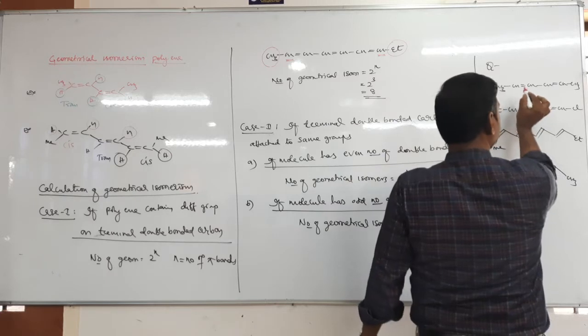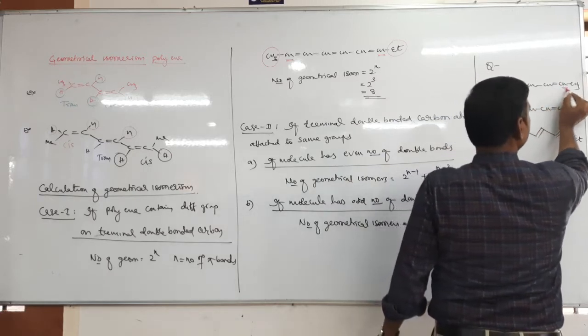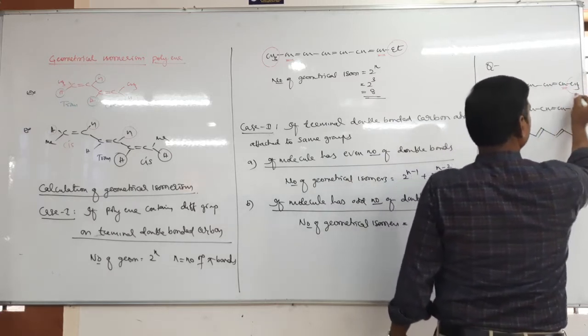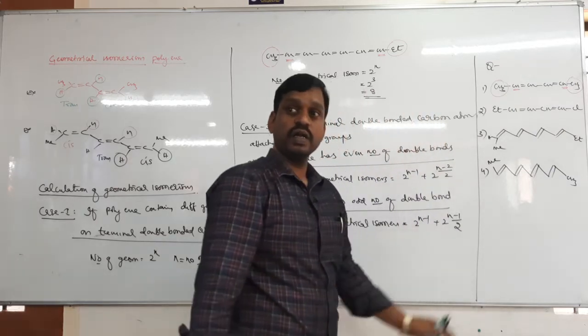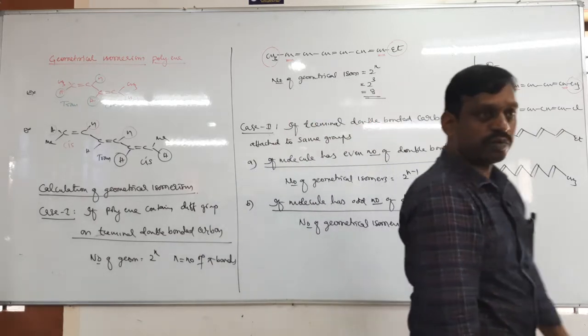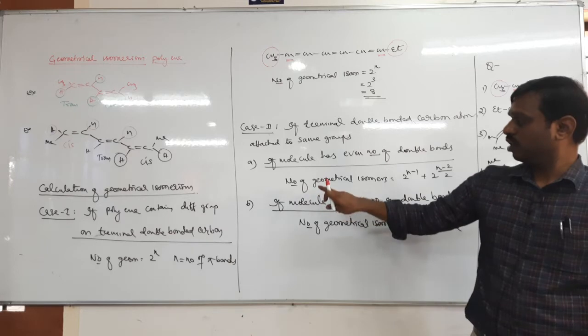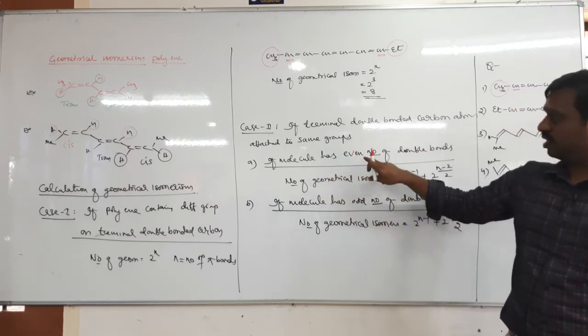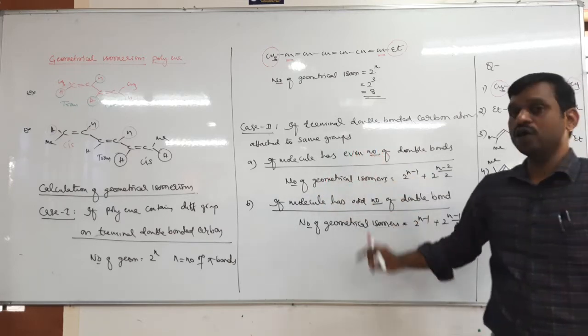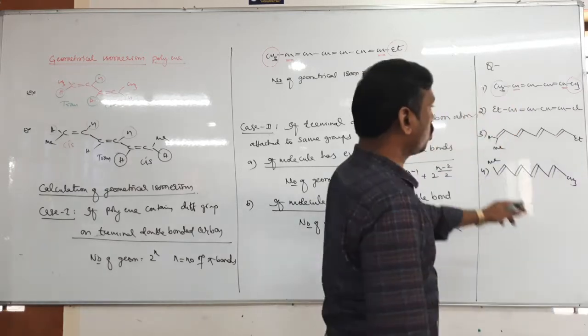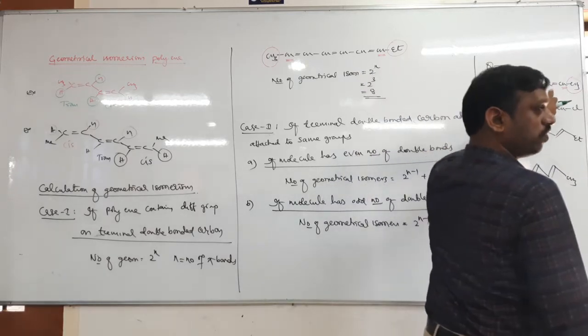First you need to identify whether the terminal double bonded carbon is attached to the same group or different groups. Same group. If the terminal double bonded carbon is attached to the same group, again there are two conditions: an even number of double bonds or an odd number. So how many double bonds does the molecule have? 2, even number.